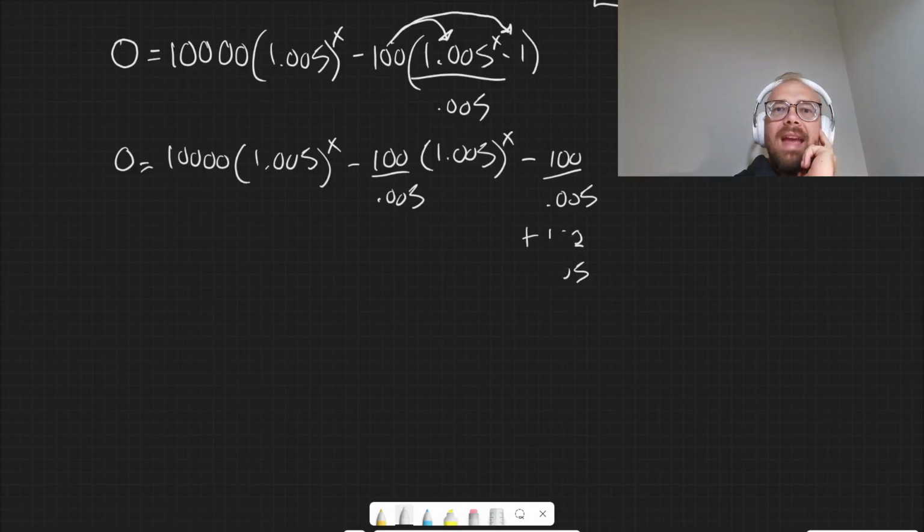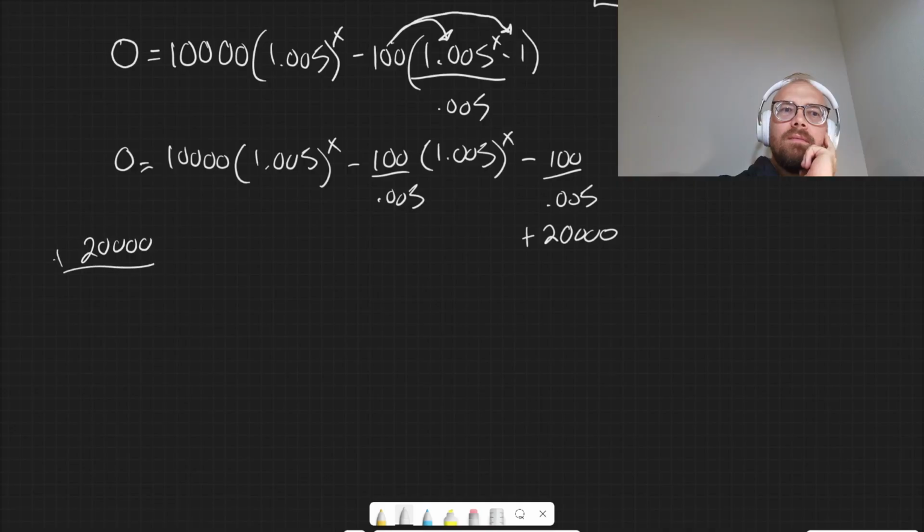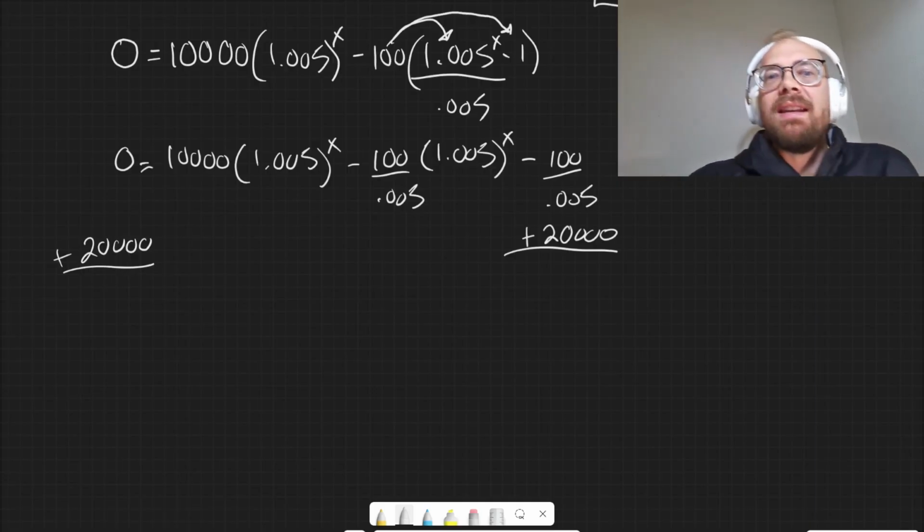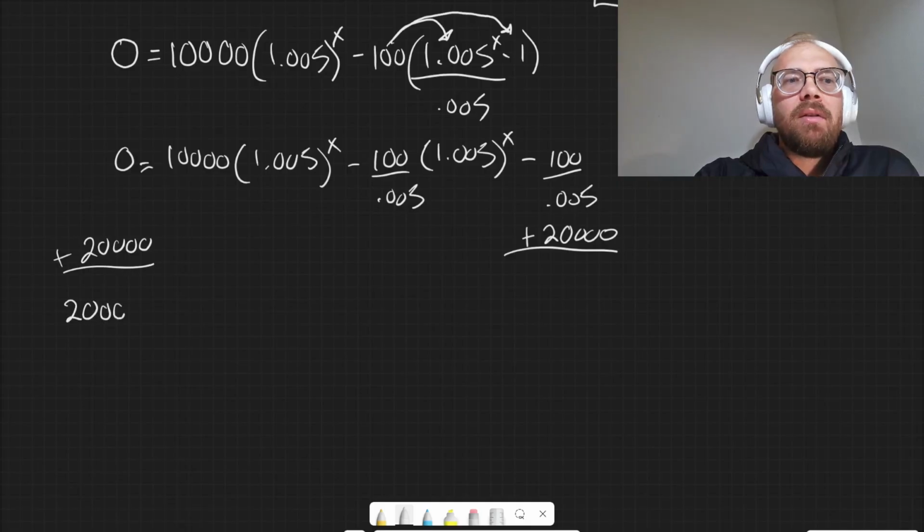So we're going to add 20,000 to both sides. Because remember, we're trying to solve, right? We have everything with x in it all on one side already. We just need to get everything that doesn't have x in it on the other side. And that's what I'm doing now. And I'll actually accomplish that in one step.